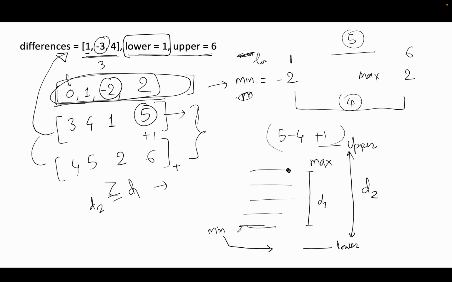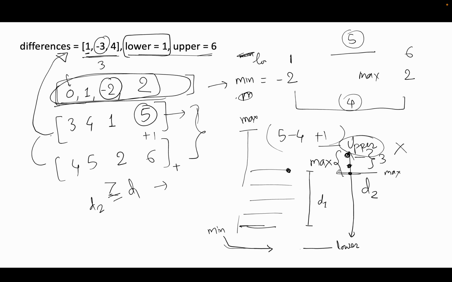But if this difference is less and the given difference is more, then if we align this min with lower, this max will overshoot upper, which is not allowed. But let's say after aligning this min to lower, max comes here, and there are, let's say, three more values possible, including this one. This is 1, this is 2, and 3. So in that case, three values are possible.